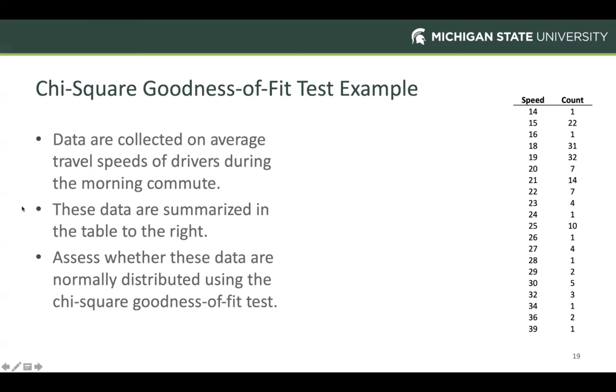All right, so we have data given in the table to our right that correspond to average travel speeds during the morning commute. These data were drawn from a real world study that was conducted in State College, Pennsylvania, where Penn State is located, in the early 1980s.